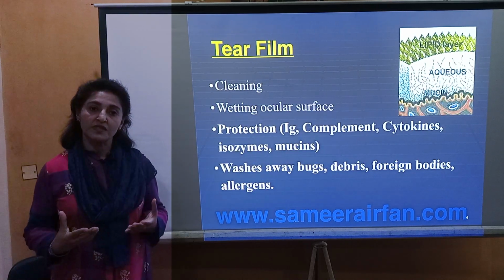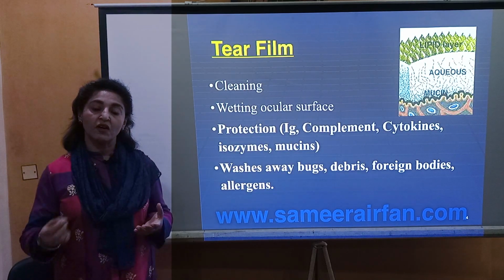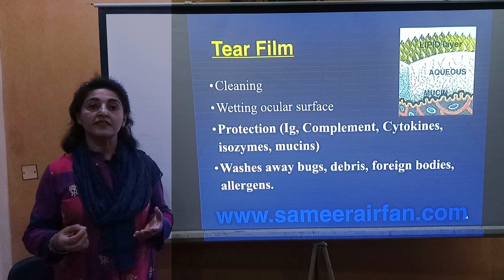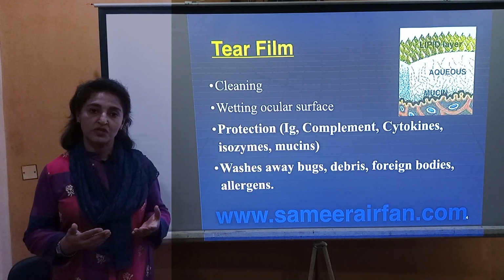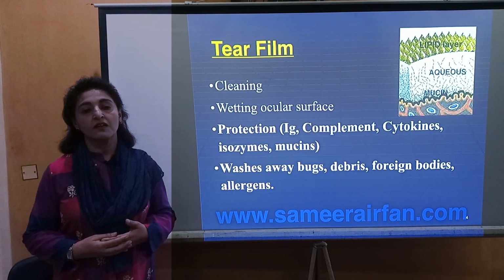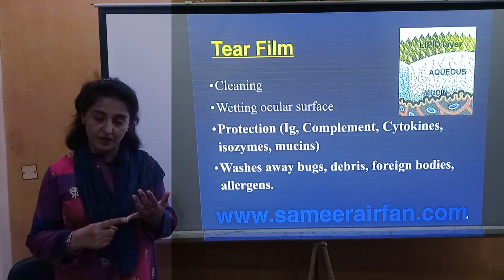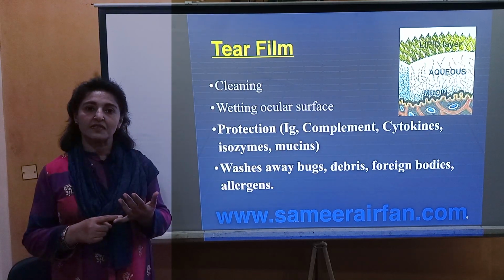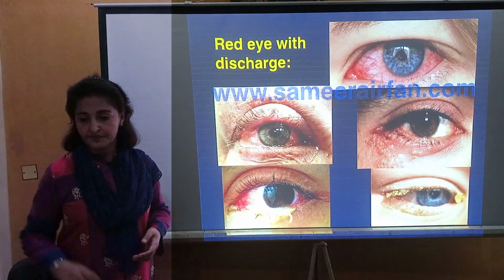The free mucins in the tear film, they engulf every bug or the foreign matter that lands on the ocular surface, and then the tear film washes it off and a person is prevented from having disease. So if the tear film is interrupted or interfered with by either your therapy or the disease, then a person will not get better with your treatment.